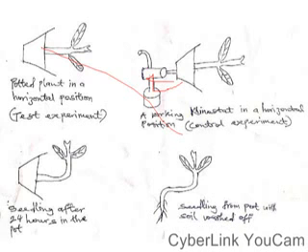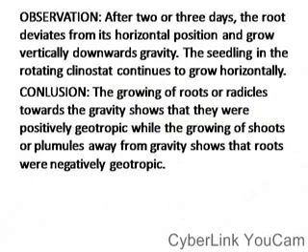Then let us look at the observation of the experiment on geotropism. After 2 or 3 days, the root deviates from its horizontal position and grows vertically downward, toward the gravity.